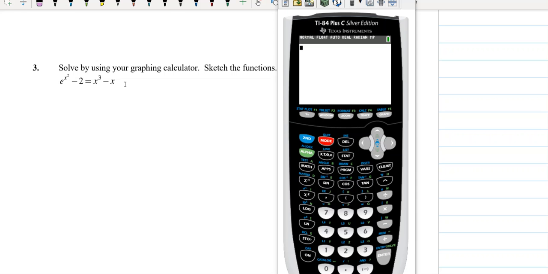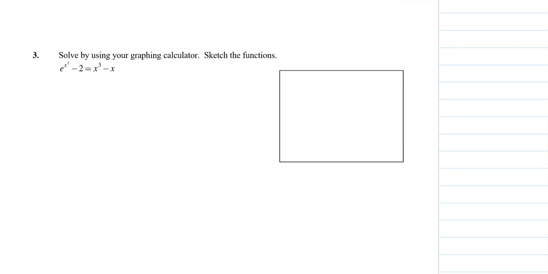The way you solve any equation graphically, one way, is to just enter the left-hand side of your equation into y1 in your graphing calculator and the right-hand side into y2, and then find the point of intersection.